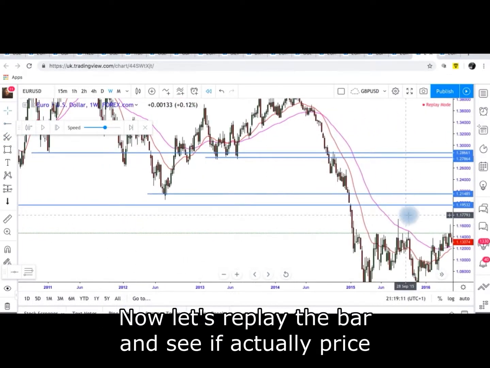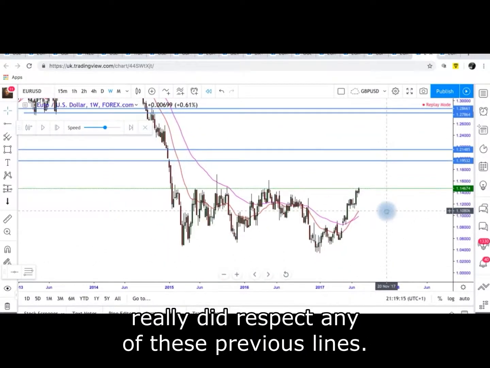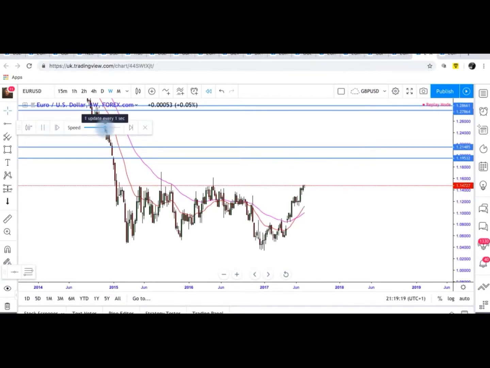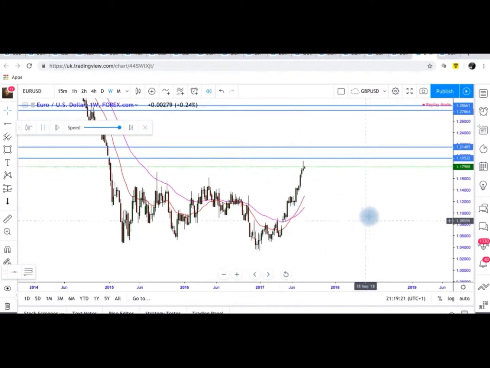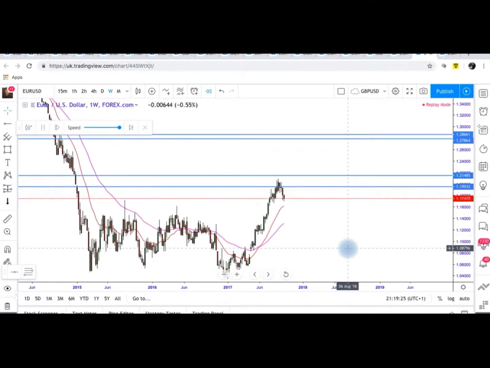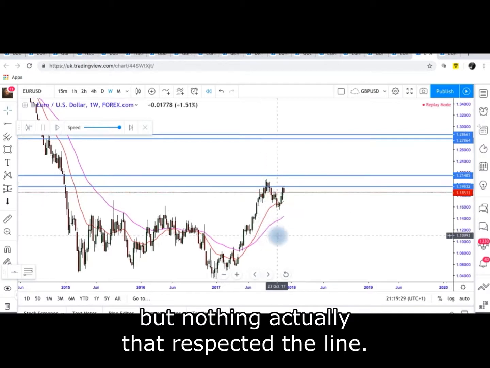Now, let's replay the bars and see if price really did respect any of these previous lines. We'll just watch how it plays out. We had a little bit of a rejection here, but nothing that actually respected the line.